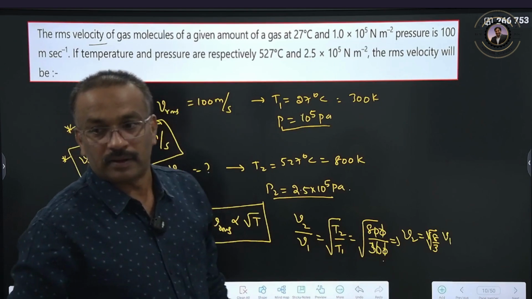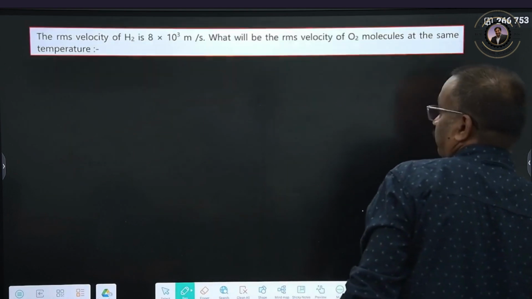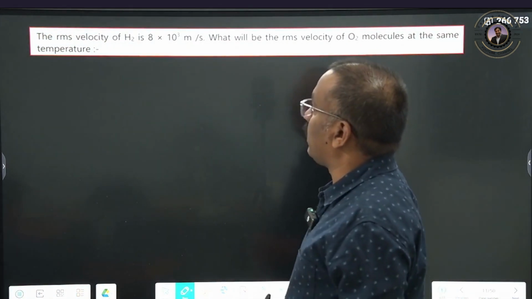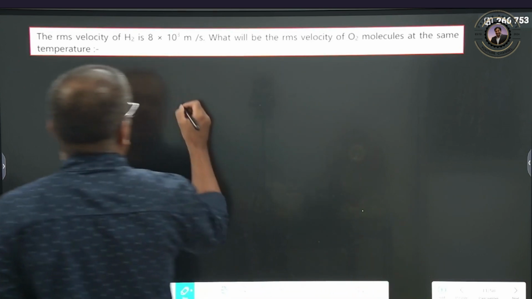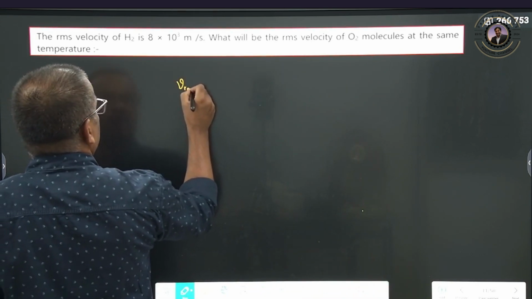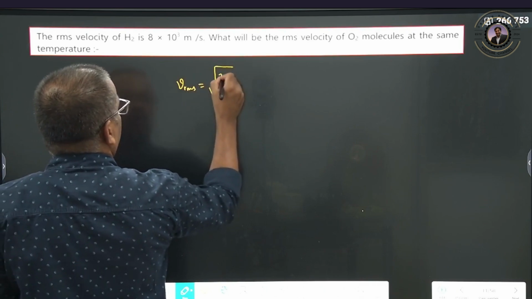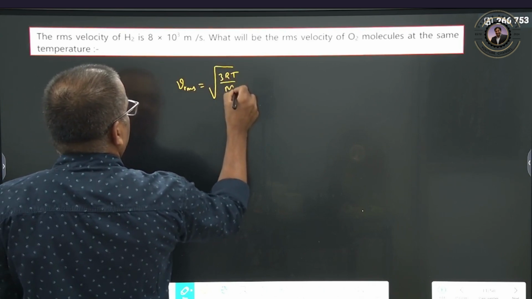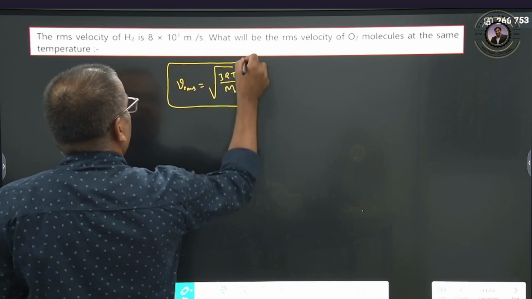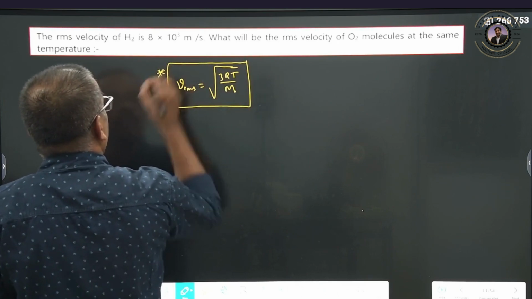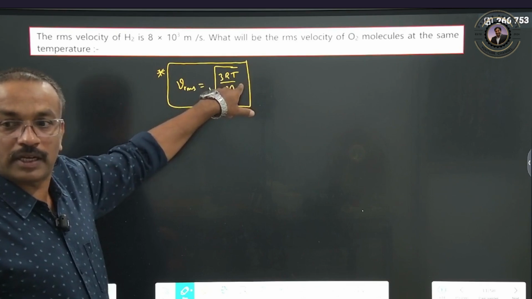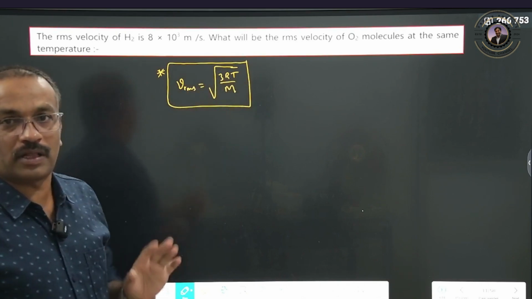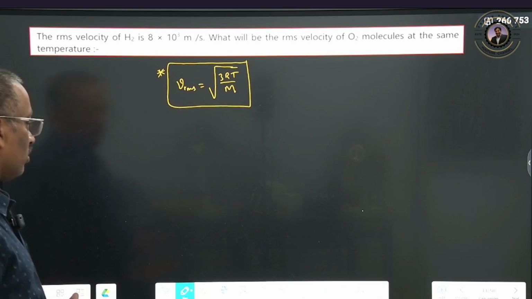Okay, now we will go for the next question. What is the RMS speed formula? RMS speed is root of 3RT by M. So RMS speed depends not only on the temperature but also on the mass of the gas molecule, the gram molecular weight.